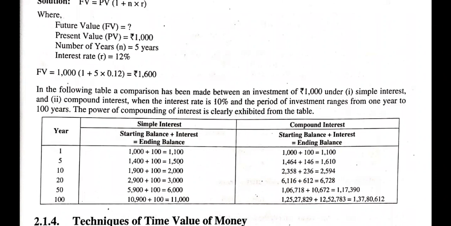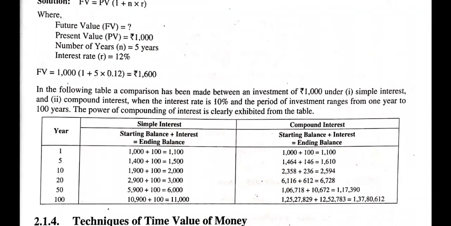But when we say about compound interest, again 1100 rupees will be the future value. Let us take directly for 5 years now. In 5 years, simple interest, the value is 1400 rupees plus 100 rupees interest, equal to 1500 rupees.